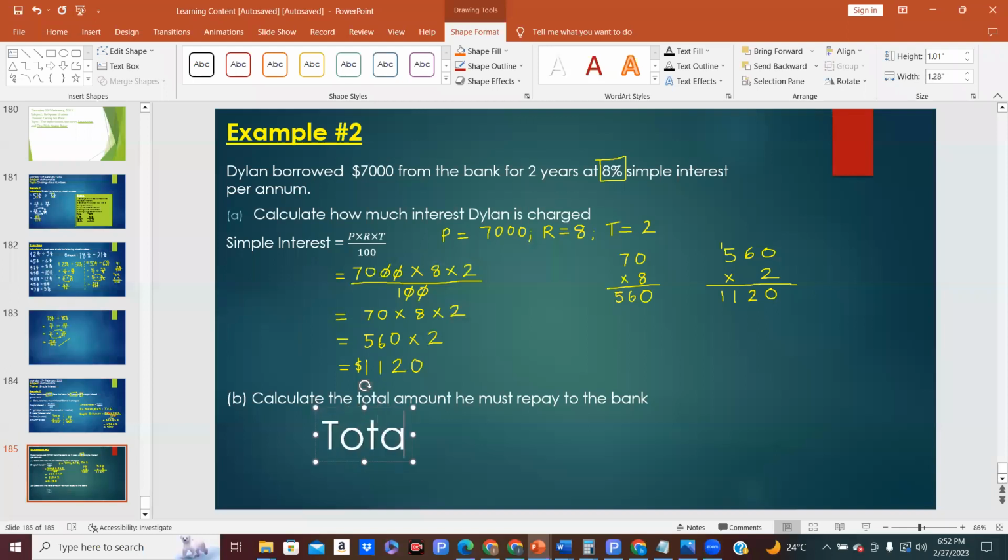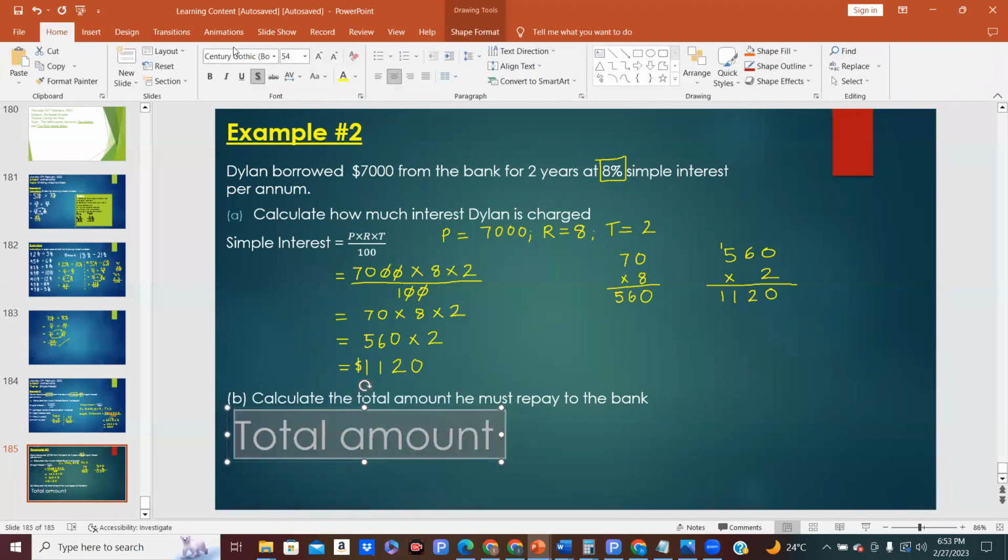So the total amount is gonna be the principal plus the interest charge.